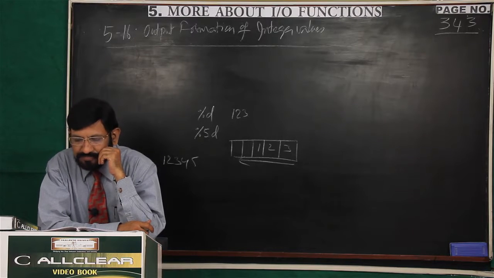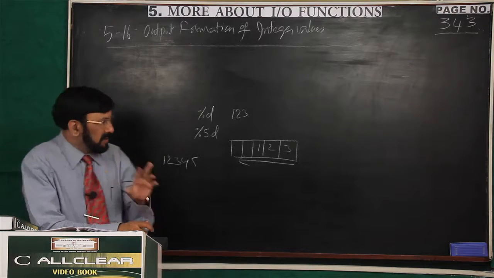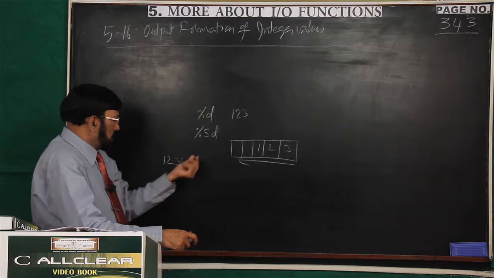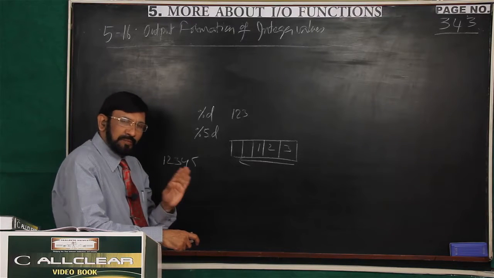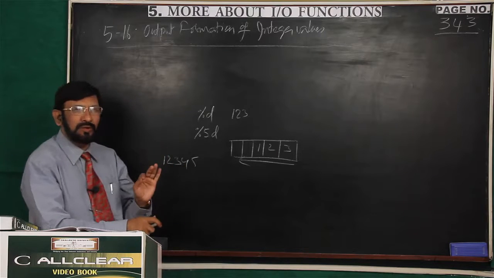Next one, we have given %3d with 12,345, but there is no impact. Here one thing you remember: if 5 digits are there, up to 5 digits there is no impact at all. Up to 5 digits the system simply ignores it.